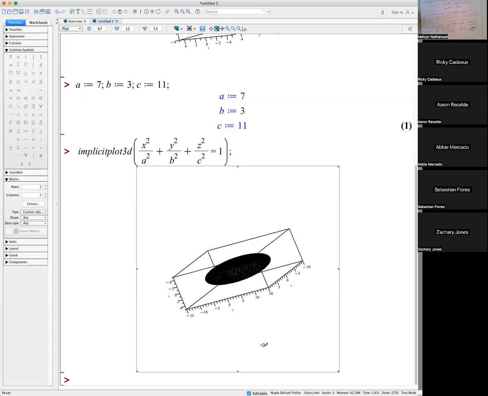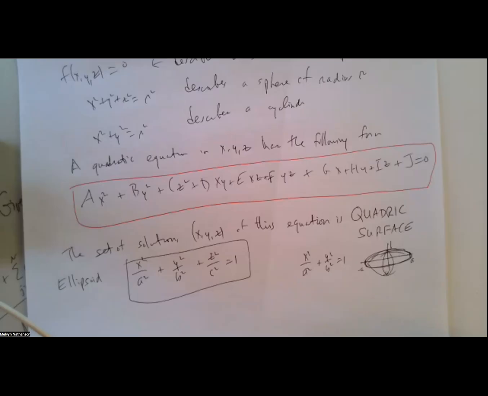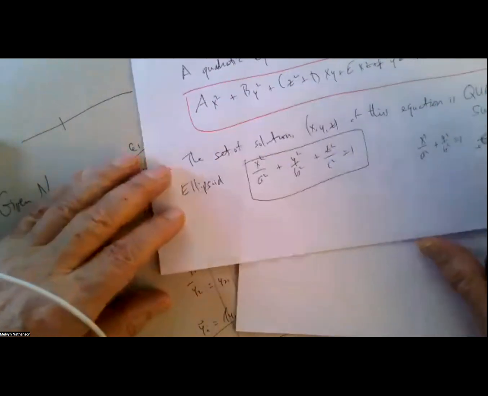Kind of interesting, right? So that in general is what an ellipsoid looks like. So that's an ellipsoid. That's one example of a quadric surface.